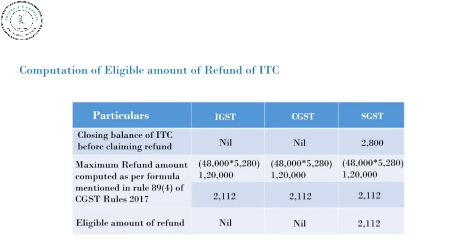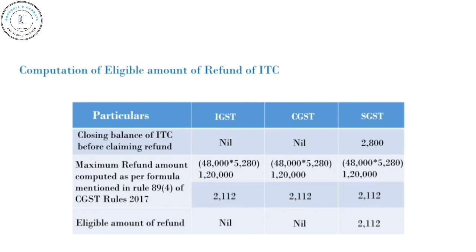Maximum refund amount computed as per the formula mentioned. For IGST, 48,000 into 5,280 divided by 1,20,000. For CGST, 48,000 into 5,280 divided by 1,20,000. For SGST, 48,000 into 5,280 divided by 1,20,000.